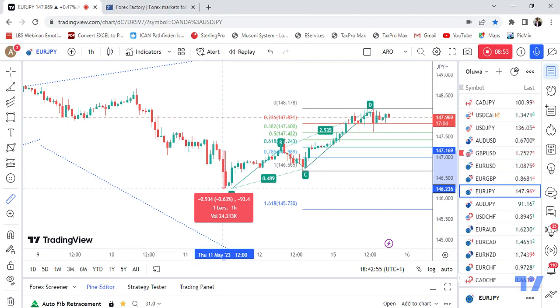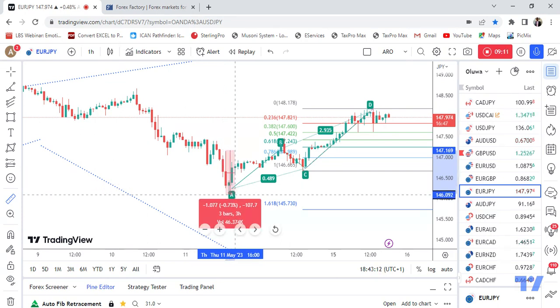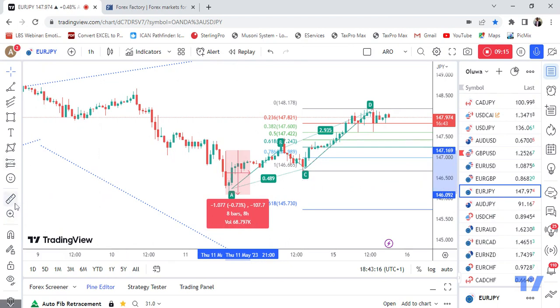So it's minus 93.4 pips, which is just one candlestick on 1 hour candle, and it's 24,213 volume. So you can see it from that.